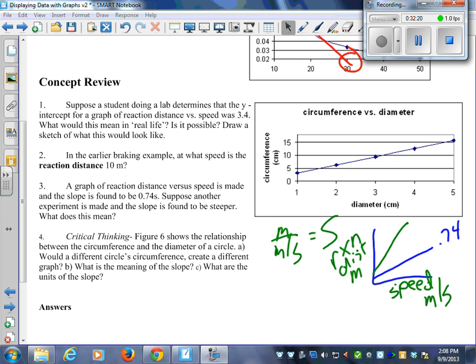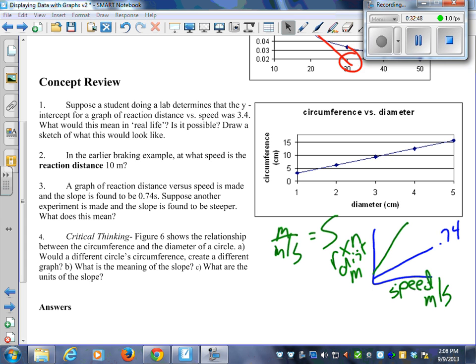Well, let me just first of all say, how many circles are shown in this graph? More than one. Every circle between 1 and 5. In fact, one could argue there's an infinite number of circles here, because there are circles with diameter of 1, 2, 3, 4, 5. There's also circles of 1.5, 2.5, 3.5, 4.5, and 1.2, and 1.3, and 1.4.